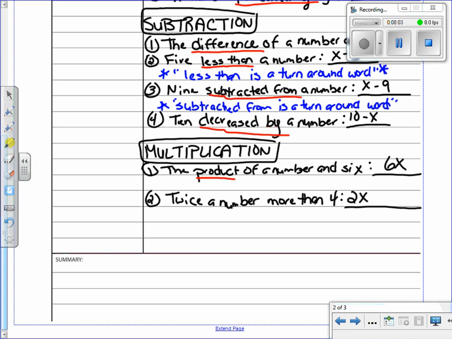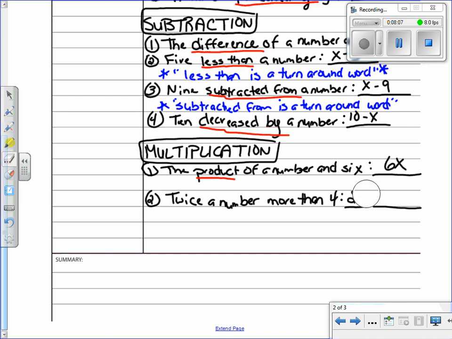More than 4, more than's a turnaround word. So you'll notice that I made a mistake here too. So twice a number more than 4, it's going to be 4 plus 2x. So the key words here for multiplication is twice, and then more than means addition.